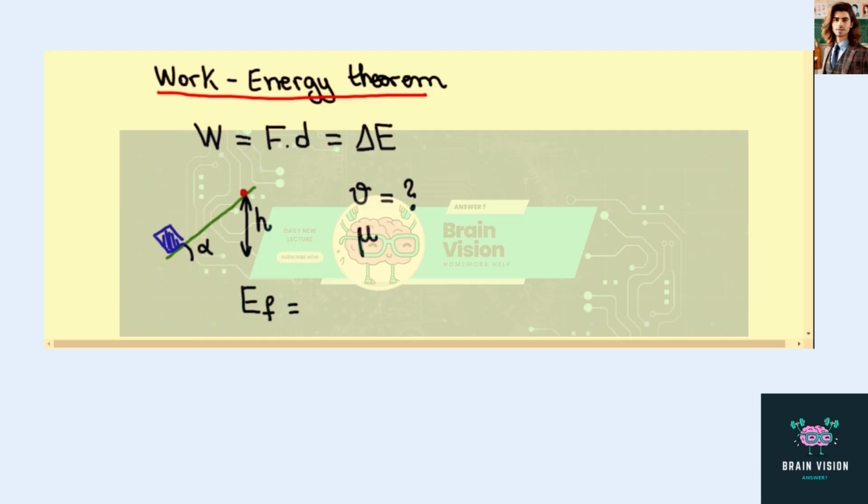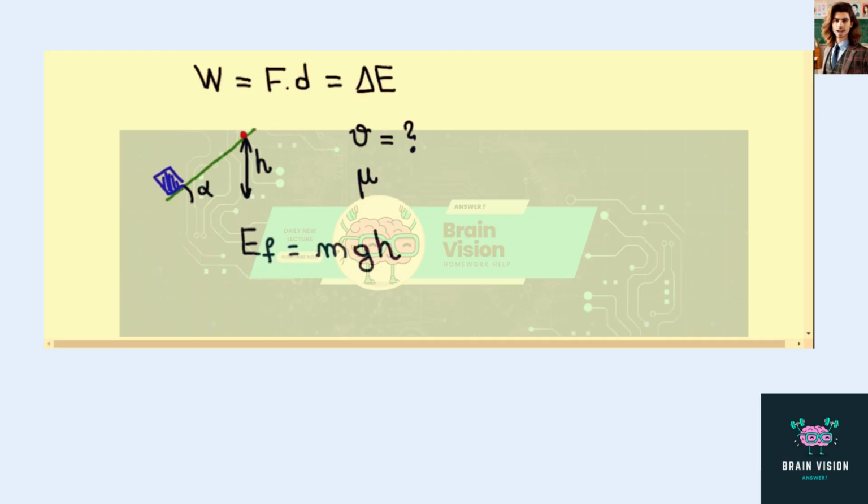So the final energy is just the potential energy, which is equal to the mass of the object times g times h, while the initial energy is equal to only the kinetic energy, mv squared over 2. So the variation in energy is the final energy mgh minus mv squared over 2.